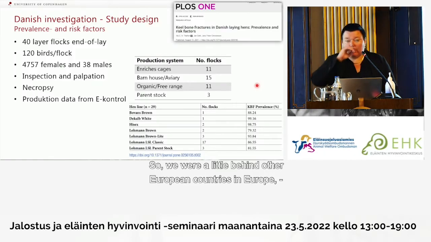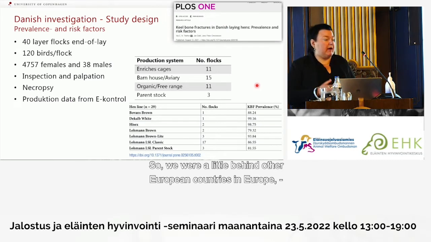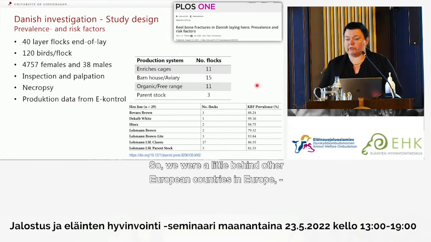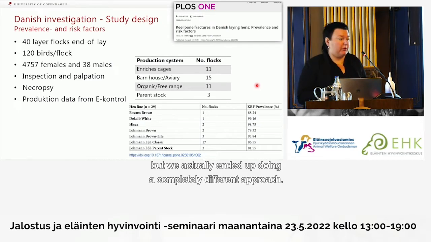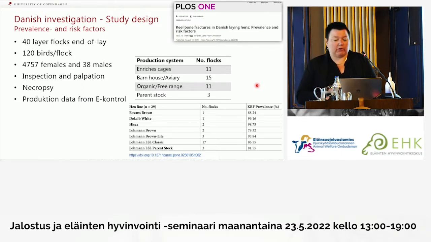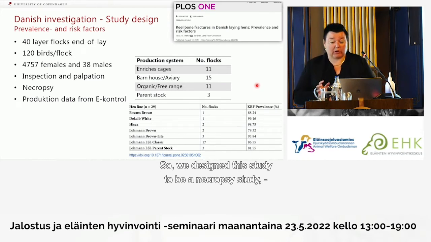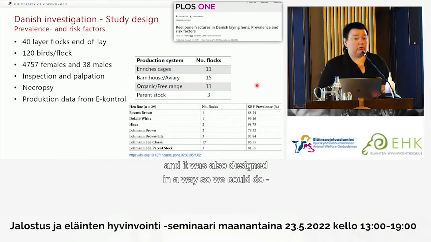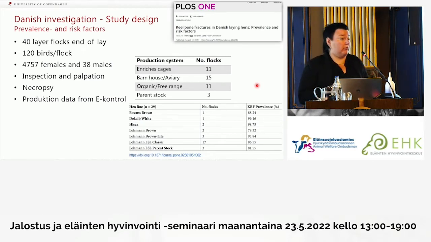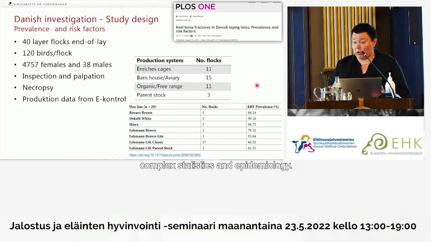So we were a little behind other European countries in Europe, but we actually ended up doing a completely different approach. So we designed this study to be a necropsy study, and it was also designed in a way so we could do complex statistics and epidemiology.